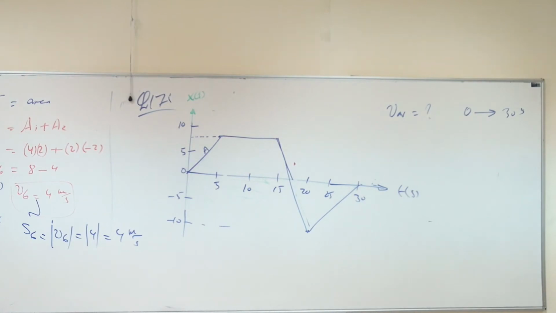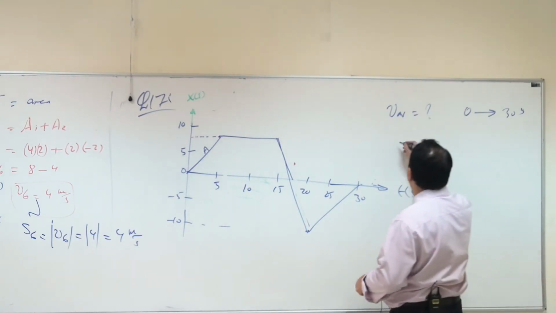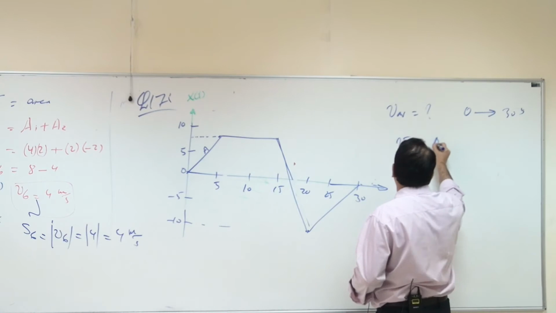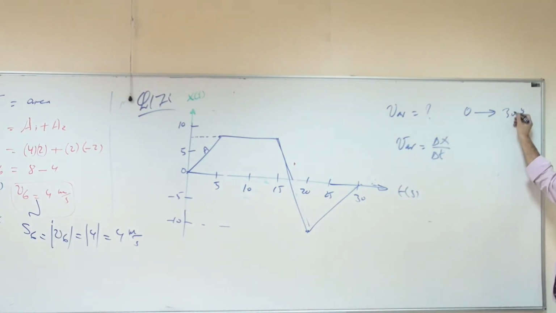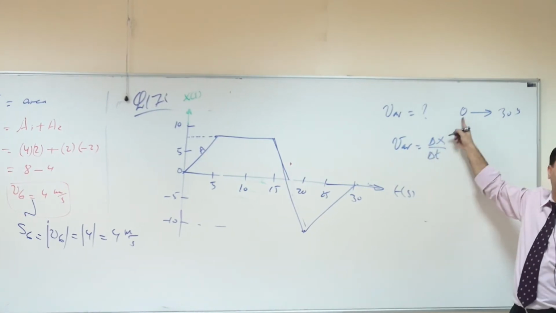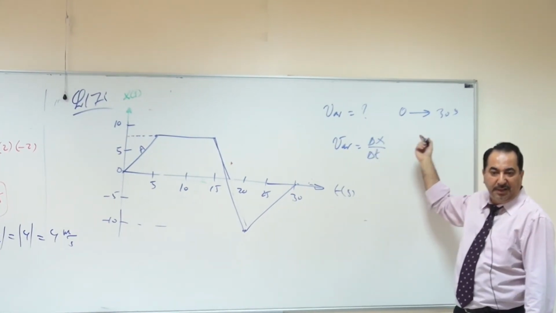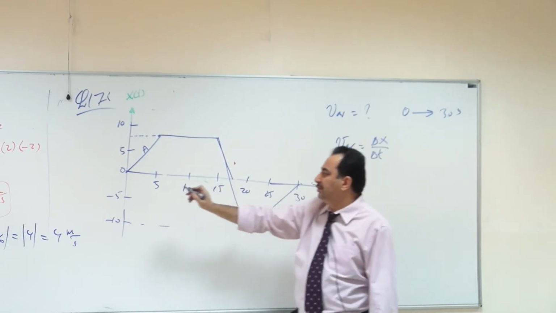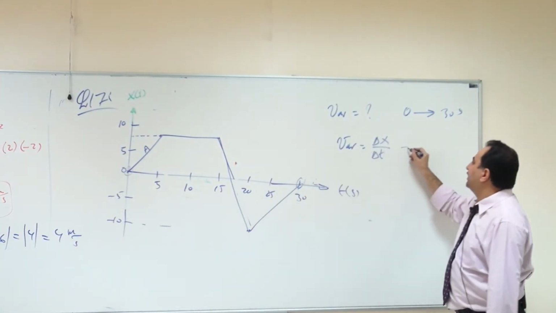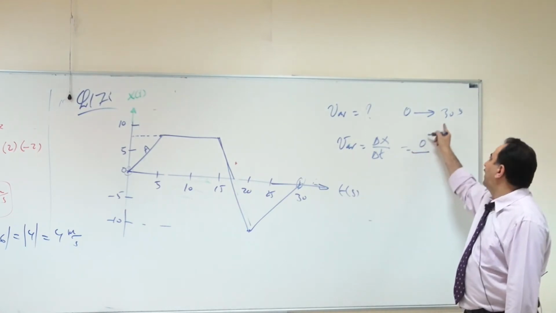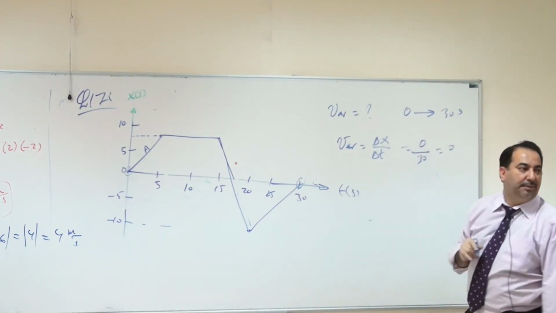Yeah, delta x. So V average is delta x over delta t. If I want from 0 to 30, it means I need x at 0 and x at 30. What is x at 0? At 30. So what is delta x? Over 30, 0.